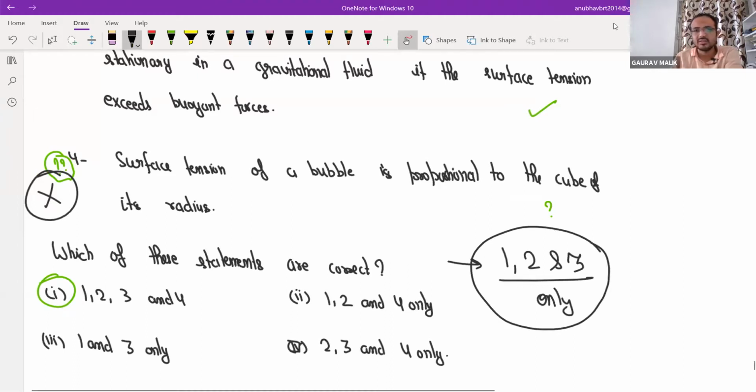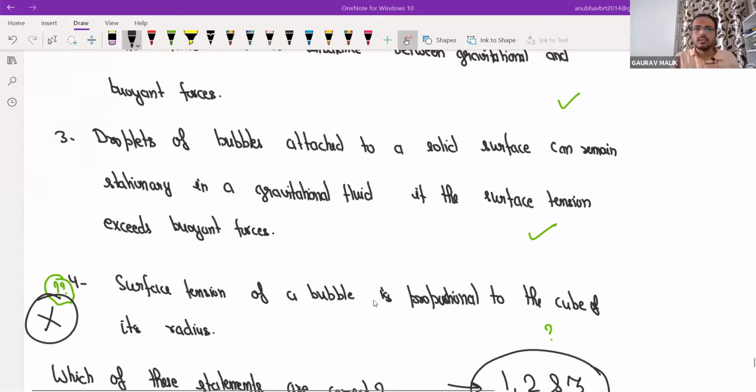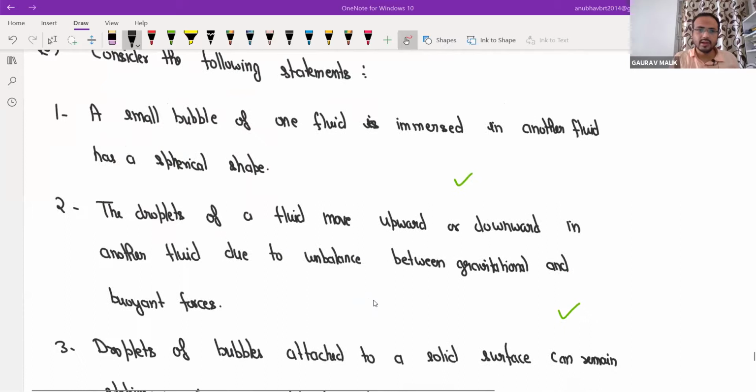So that is the right answer of this question. Very good, Hari. So the right answer should be first, second, and third. Very good. Write down the next question.